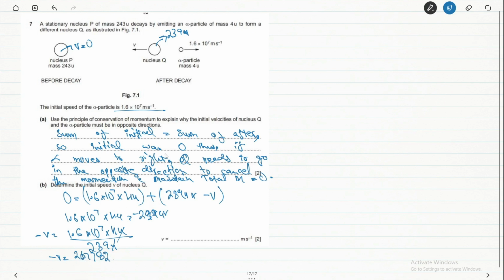Now you know that the velocity is in the left direction, so this is why it's negative here, right? So let's just ignore the negative and round this off to two significant figures, like it is given in the question. So 2.7 times 10 raised to the power of 5, right?